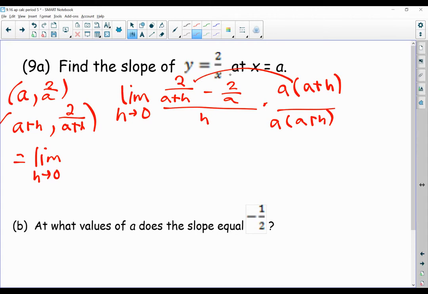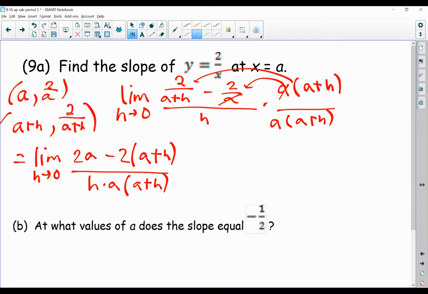In the first one, the a plus h's cancel, and it just leaves me with 2a minus 2. And with the second one, the a's cancel. So it's just going to be 2 times the quantity a plus h over h times a plus h. And again, I just leave all those factored out.